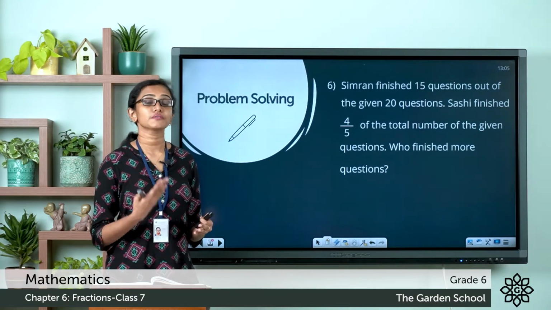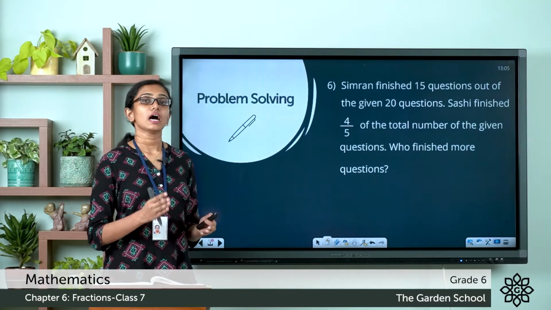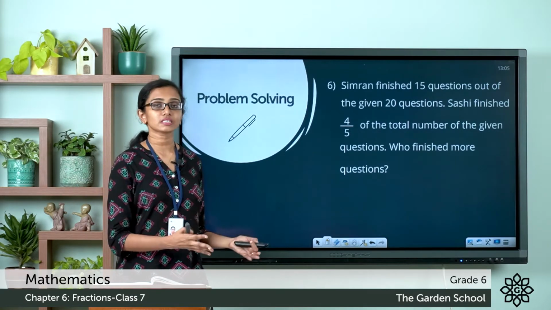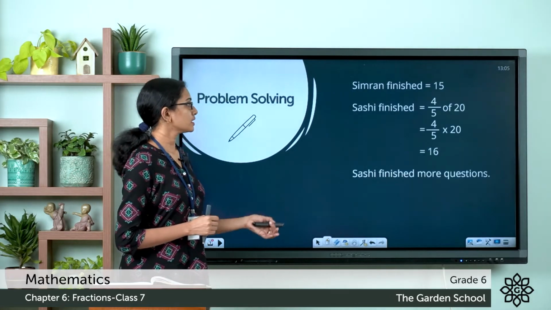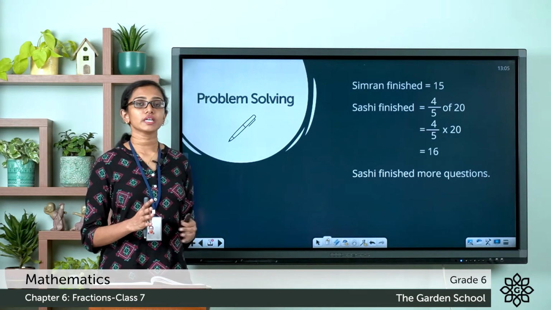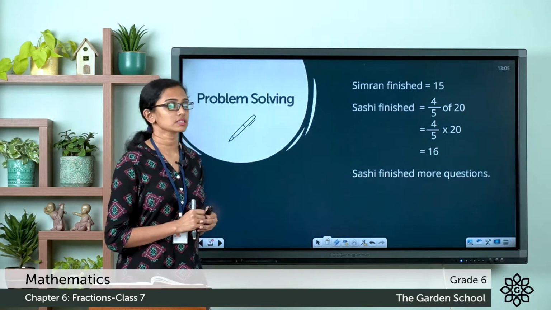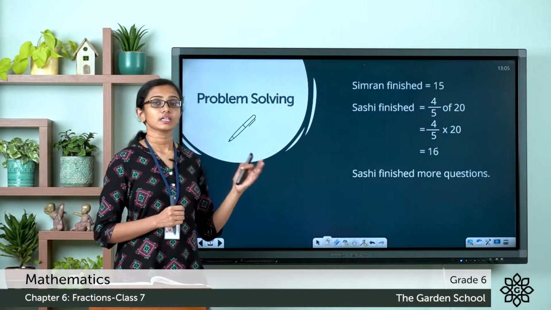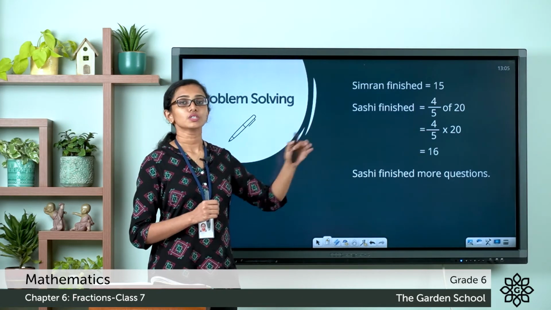See, we are given the fraction of questions each one completed. So let's see the number of questions each of them finished. Simran finished 15 out of the total 20 questions. So she finished 15 questions. Now what about Shashi? It is said in the question she finished 4/5 of the 20 questions.